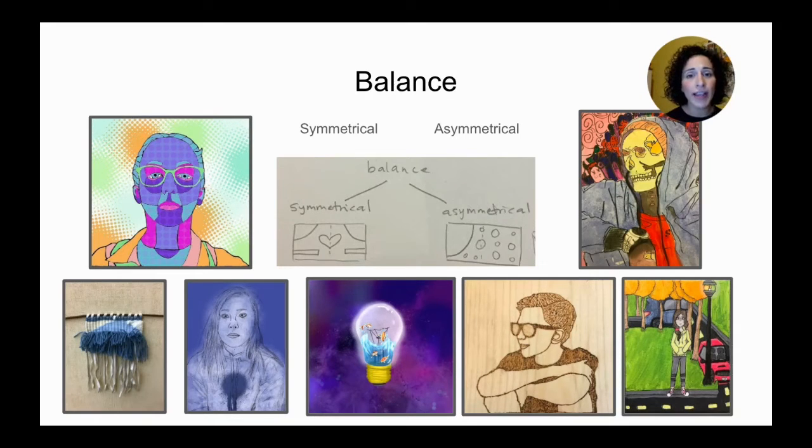For works that are asymmetrical, they happen to be a little bit more dynamic and have a little bit more energy and movement to them. Whereas if something is symmetrical, it's a little more orderly and it's a little bit more stable. So you can use composition and balance to help reinforce those concepts.